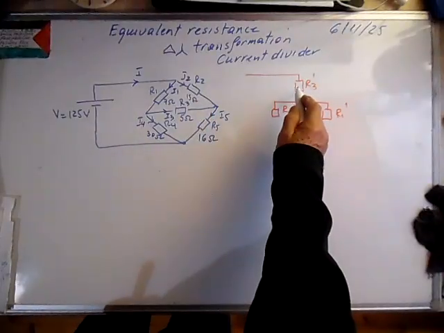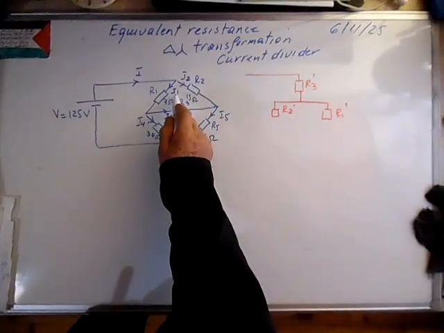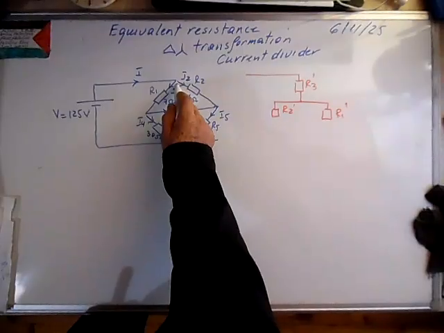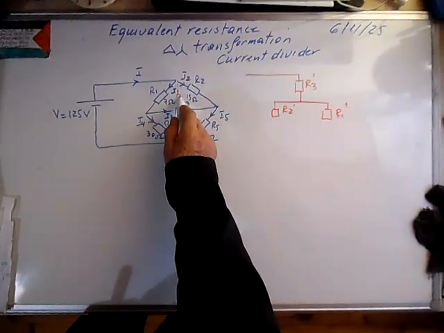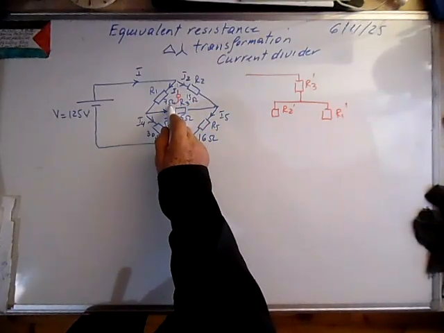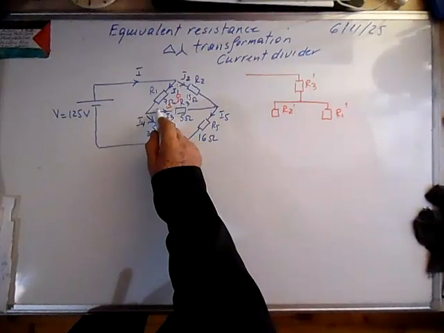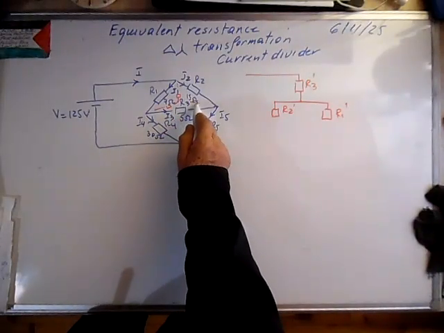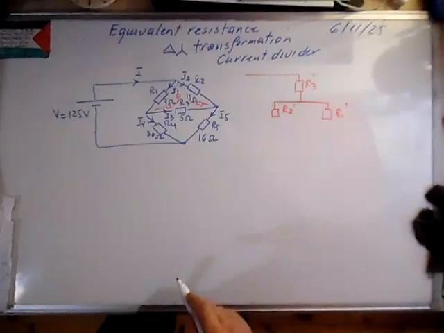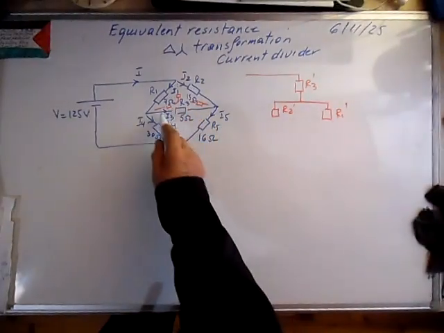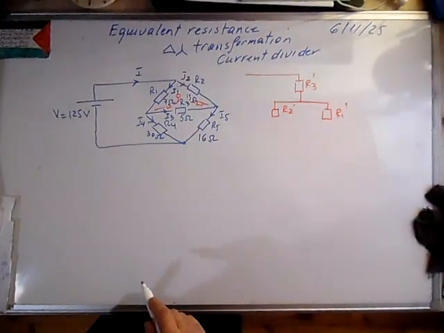This delta, we change it to a star. I can draw it here if you like. This is the star. This is R3 prime, R2 prime and R1 prime.